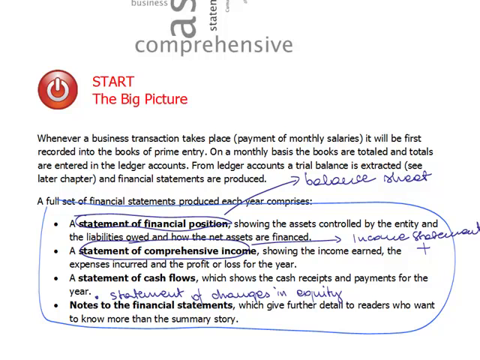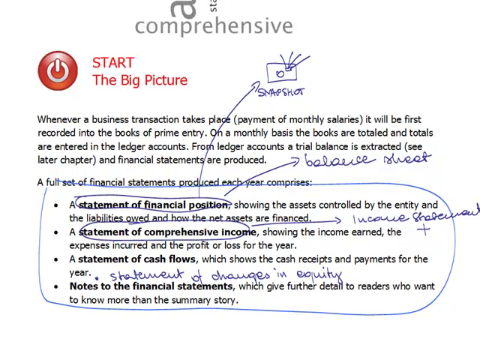Now, each of those components plays a certain role in the whole financial statements. The statement of financial position is always described as a snapshot of company's performance during the period. Why is that so?